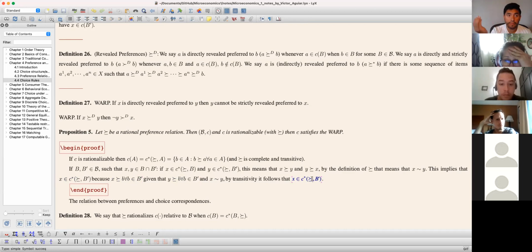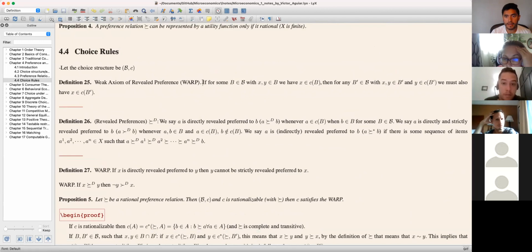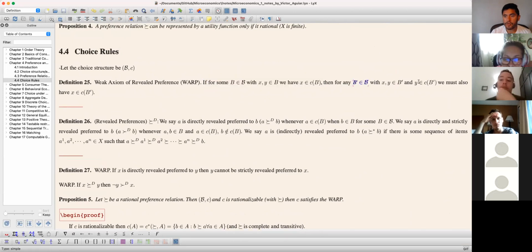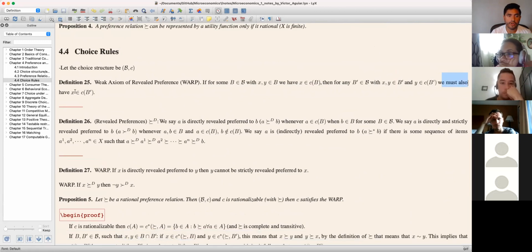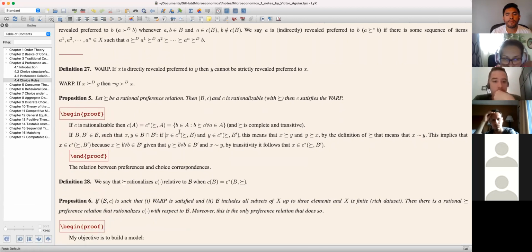So I just use all the properties again, and then I'm going to conclude that WARP holds, because WARP, as defined here, said that if I observe this, the premise, for some menu that has X and Y, and then if I observe also that Y is picked from the second menu, then the conclusion, we must also have that X is there, right? You can also prove it using the notation of the direct revealed preference relation, and I guess it's going to be shorter and easier, so you can do it as an exercise at home.